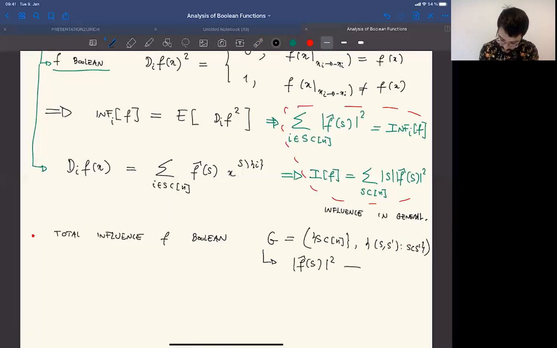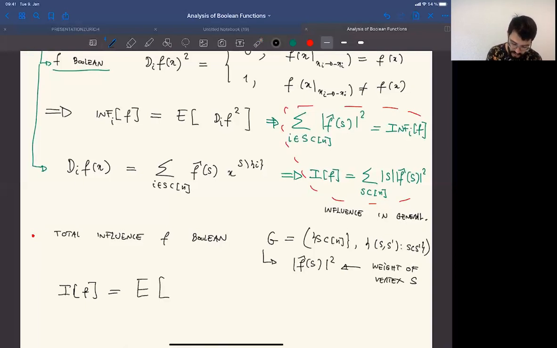So this is the weight of the vertex S. And then you can think of the influence of f as a probabilistic expectation.